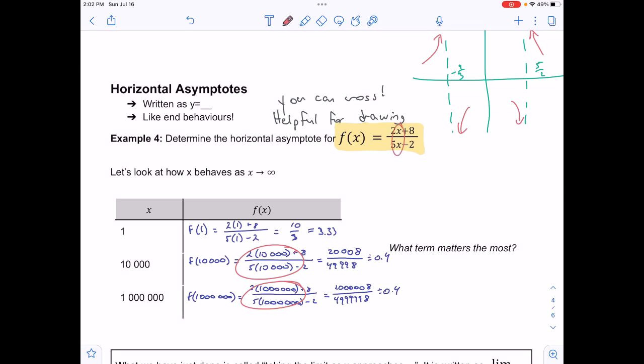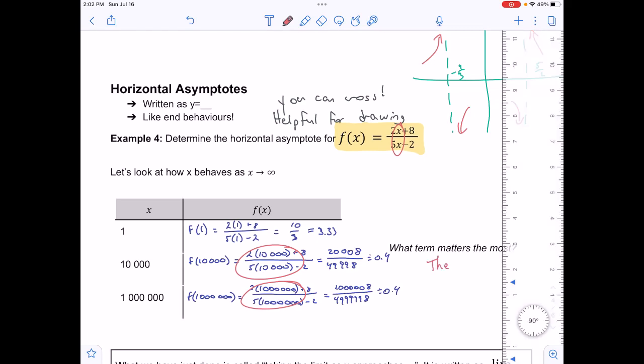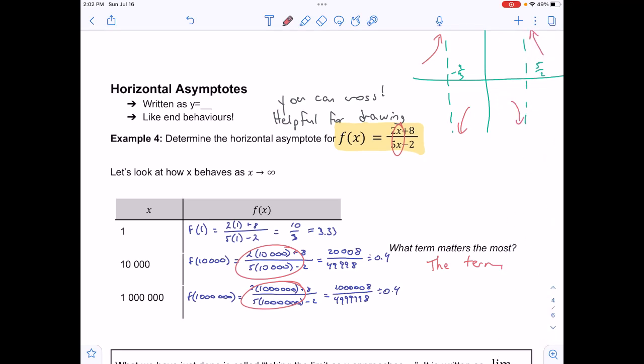They both have an x. And so which term matters the most? It's the term with the highest degree of x, right? The 8 and the 2 have a degree of 0. The 2x and the 5x have a degree of 1.